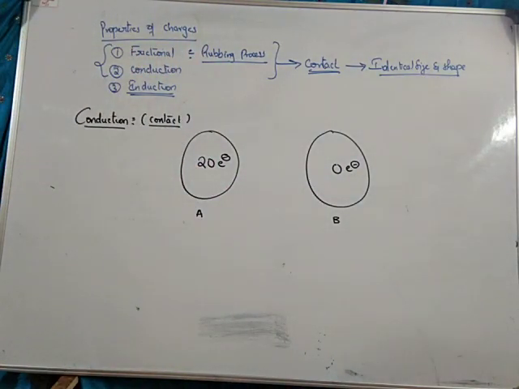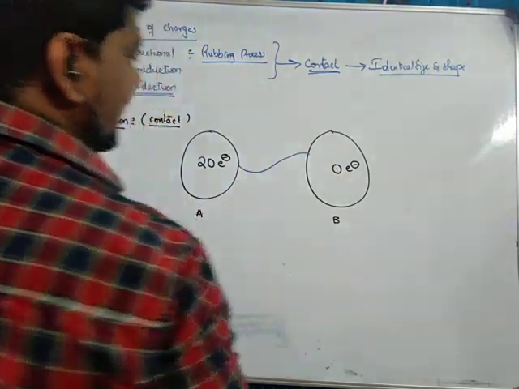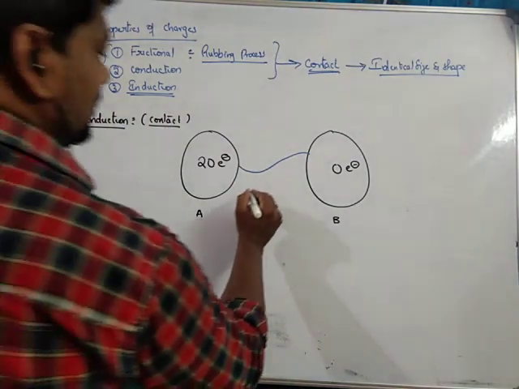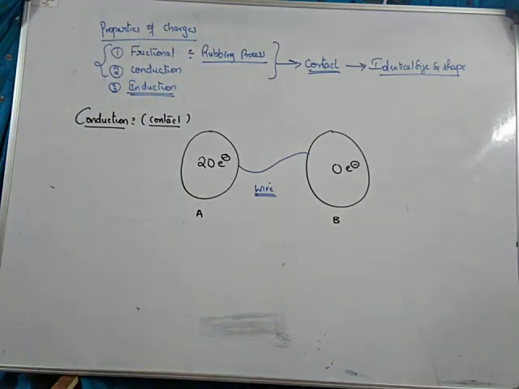Whenever we place A and B side by side, there is no transformation of electrons because there is no contact. To define the conduction, we need a contact. So whenever we have a contact between A and B, through a wire, we connect them through a wire.